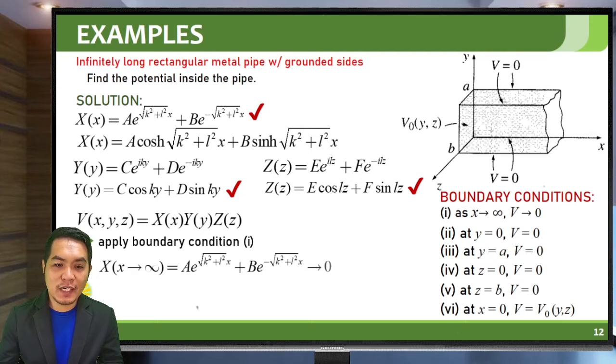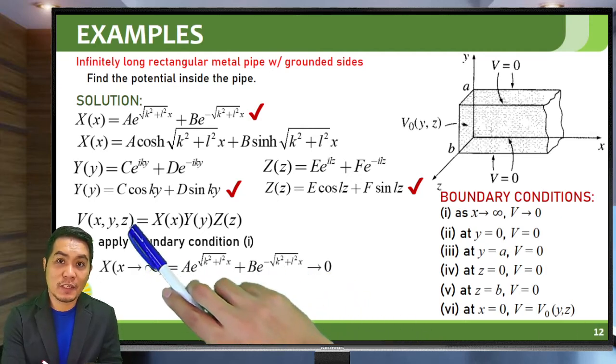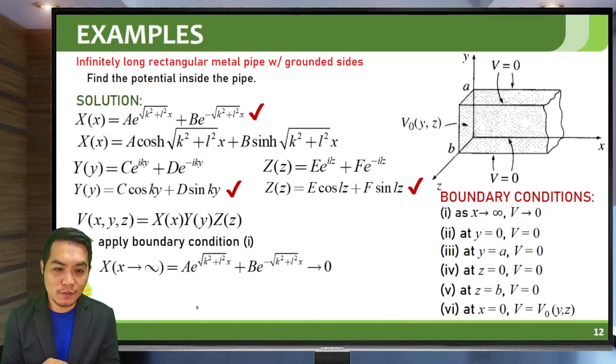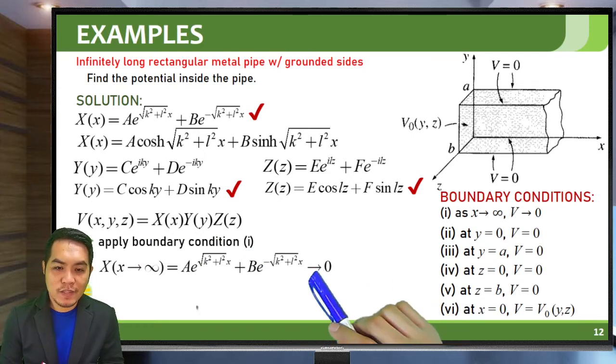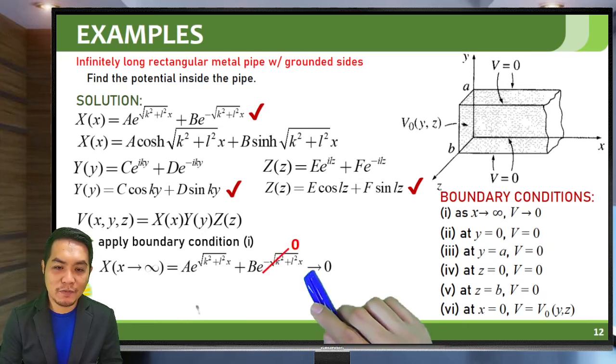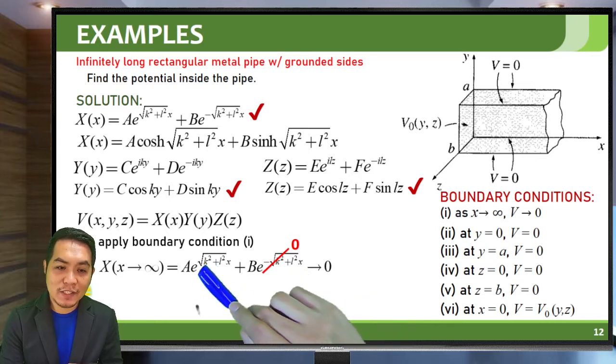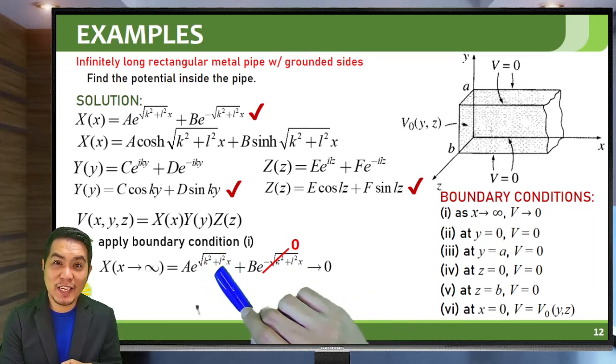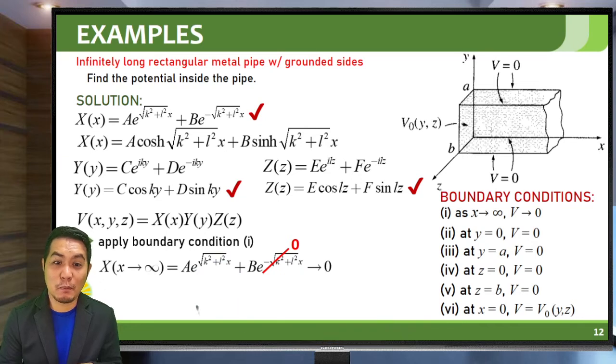So this means that the function X must also approach 0 in order for the potential to approach 0. Again, this term here will be e to the negative infinity when x approaches infinity, that's 0. This other term will be e to the infinity. It will actually become infinite. It will blow up.